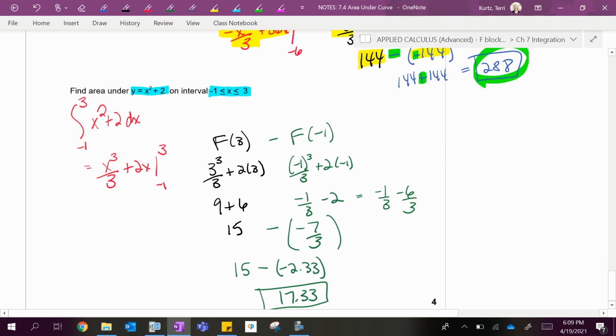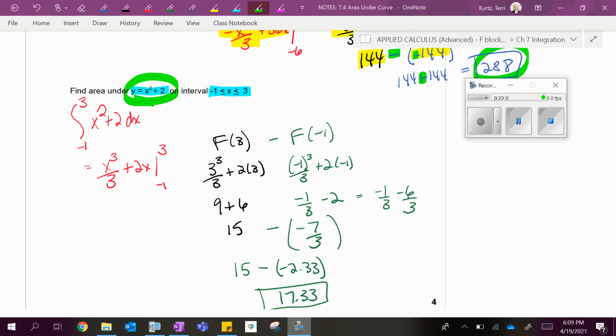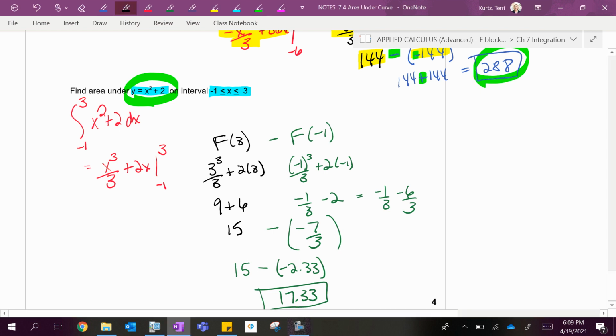So let's look at the next one. Again, another parabola, upward facing. However, when you think about this graph, it is upward facing at 2, so even though it's upward facing, it's not going below the x-axis. That's why we end up not getting a negative value here.